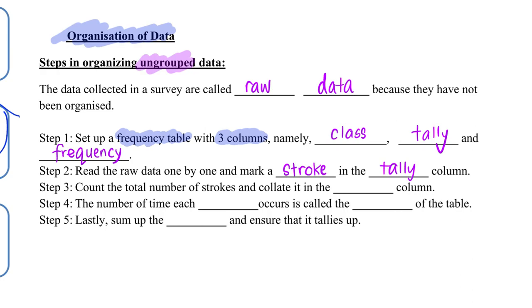Step 3, we count the total number of strokes and collate it in the frequency column. The number of times each class occurs is called the frequency.